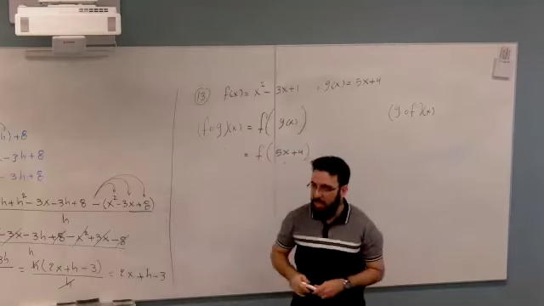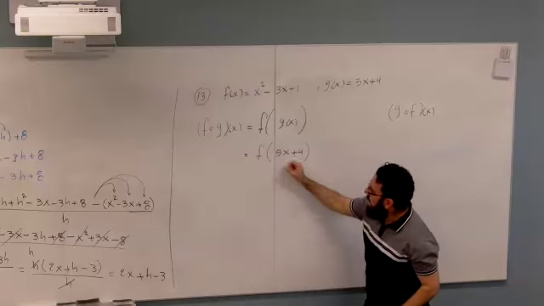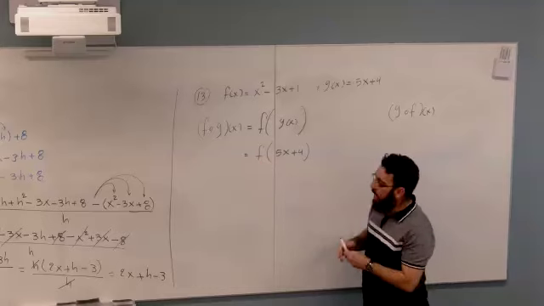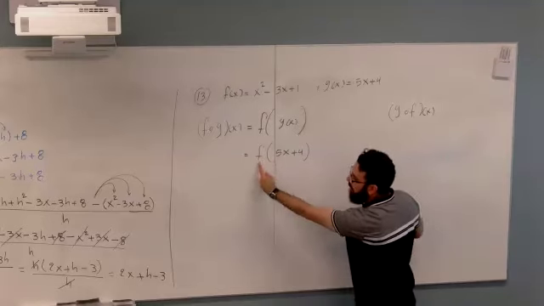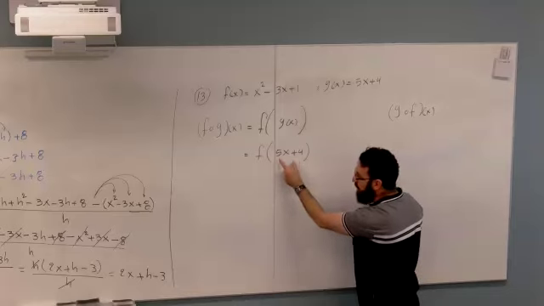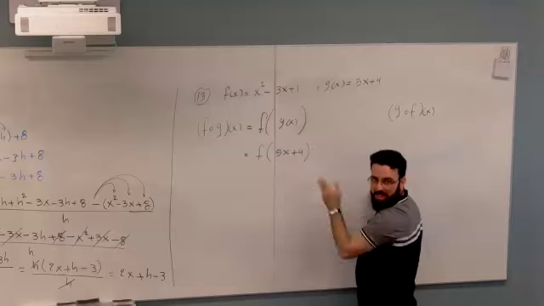You see? G is going to be inside F. That means in each x in the F function, I'm going to plug in G, which is 5x plus 4.